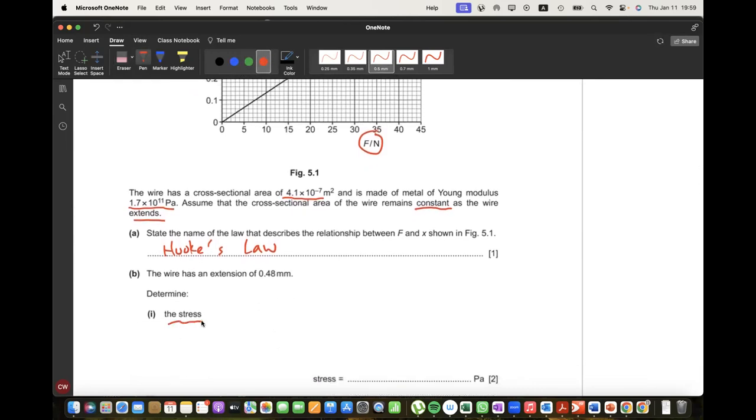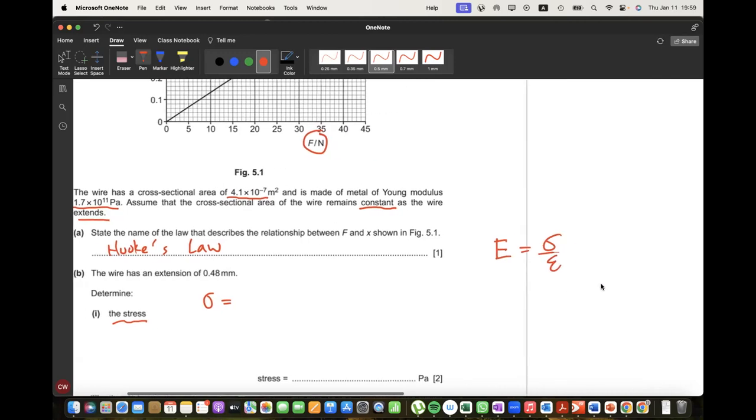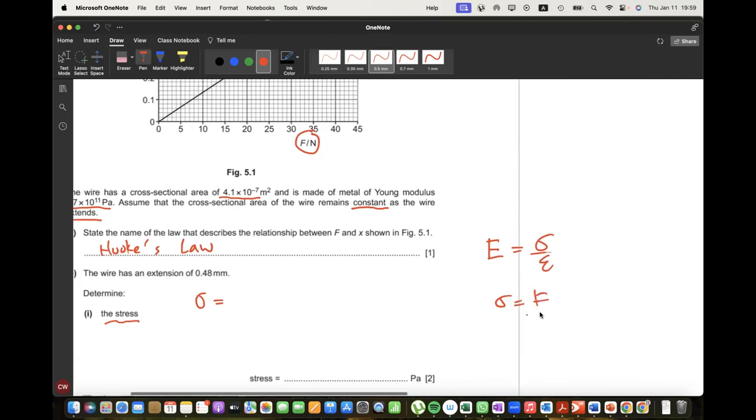Find the stress. How to get the stress? What is stress? Do you remember what Young modulus is? Stress over strain. Stress is force per unit area.